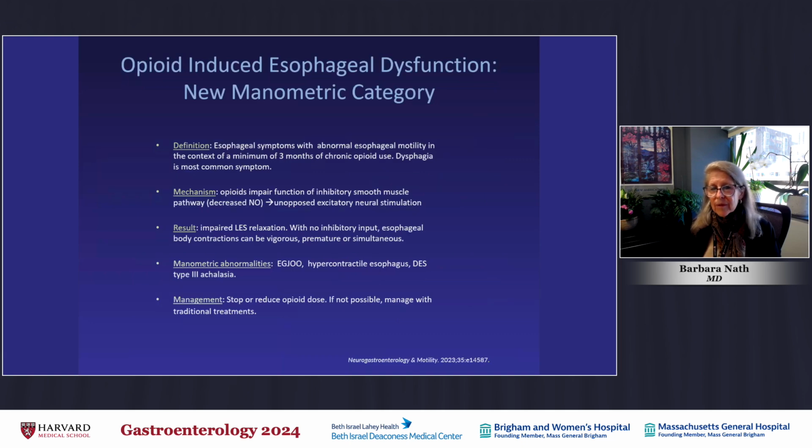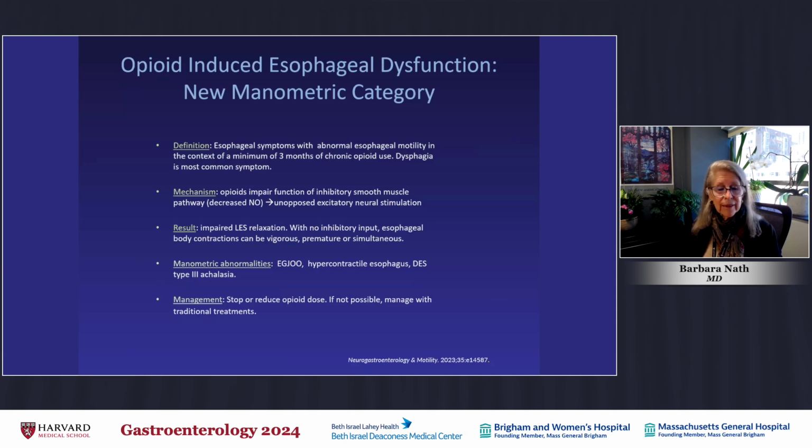So some investigators consider this a new manometric category that's defined as esophageal symptoms with abnormal motility in the context of a minimum of 3 months of chronic opioid use. Just as a side note, dysphagia tends to be the most common symptom. The mechanism is a decrease in NO, so it's unopposed excitatory neural stimulation.